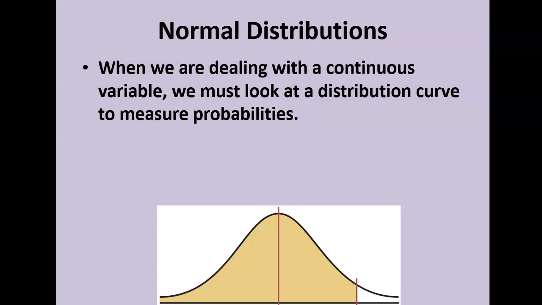And when we're dealing with these, it's a continuous curve, and we run into these when we're dealing with what we call continuous variables. And we've talked about continuous and discrete variables in class before. Remember, discrete variables were variables that typically hit on our counting numbers, our whole numbers, whereas continuous variables could hit on anything, all the decimals in between and whatnot.